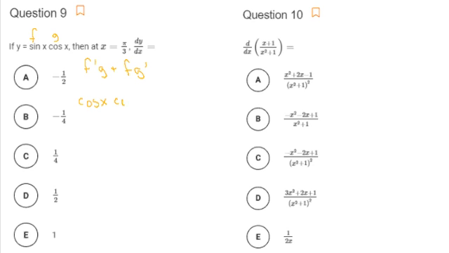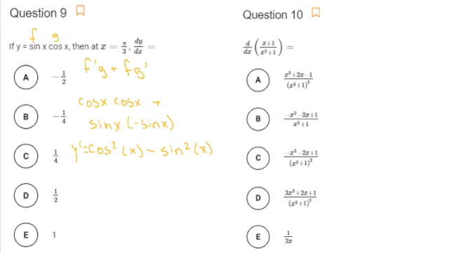So cosine x plus, now that is sine x, negative sine x, giving us cosine squared x minus sine squared x. Let me use my correct notation, that is y prime.